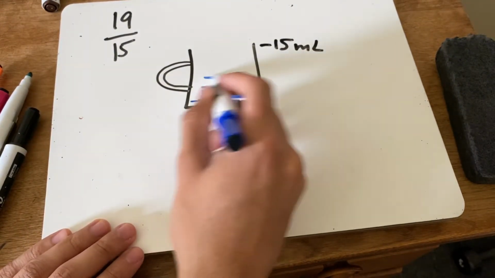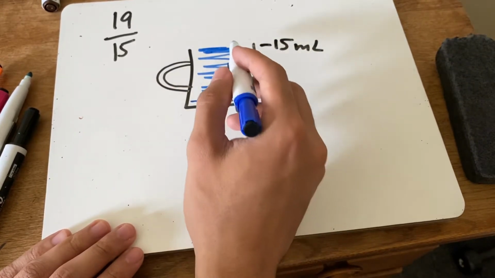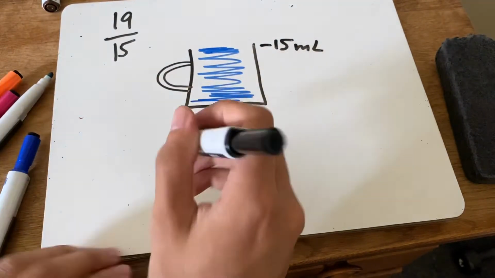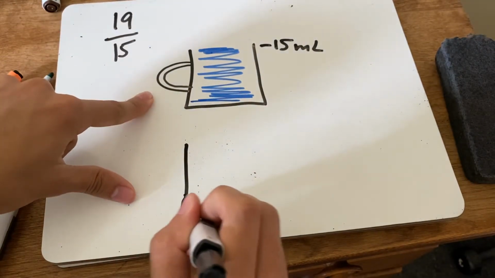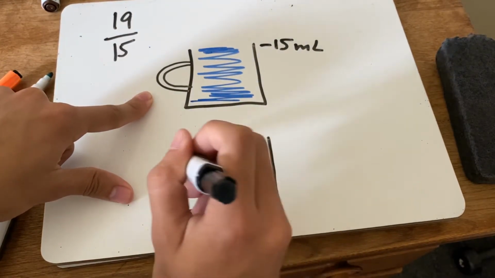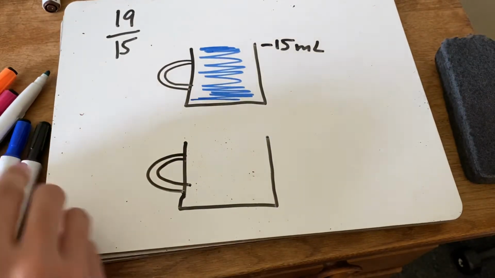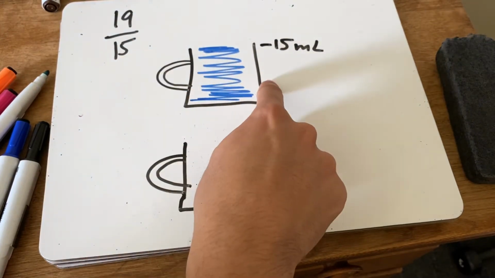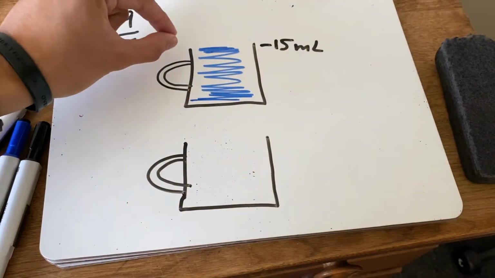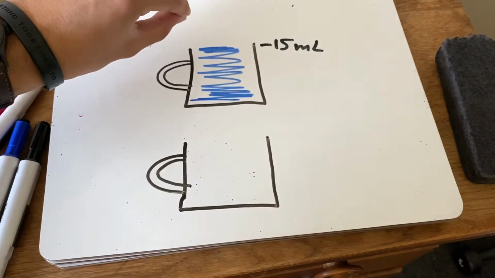1, 2, 3, up to 15. Well, that means you're going to have to grab another jar because you need to fill in 15. But your cup can only hold 15 milliliters. Let me say that again. You want to fill in 19 milliliters, but your cup can only hold 15. So let's say I'm pouring some water, and then it gets filled up to 15.